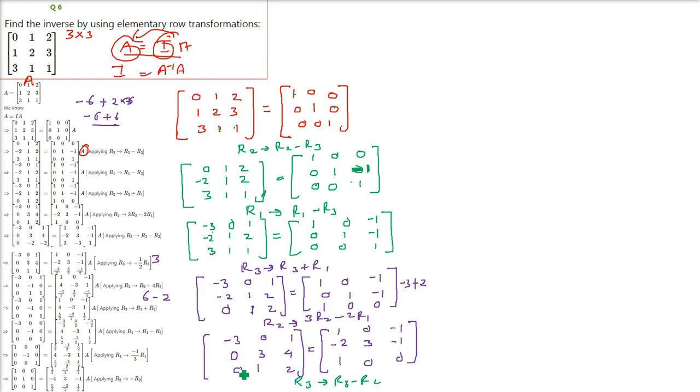So I'll just write it here, and please remember that this has to be done on the right hand side also. Same thing that is on the left hand side should be on the right hand side. So -3, 0, 1, 0, 3, 4, R3 minus R2. So 0 minus -3 is 3. R3 minus R2, 0 minus 0 is 0, 1 minus 3 is -2, and 2 minus 4 is -2.